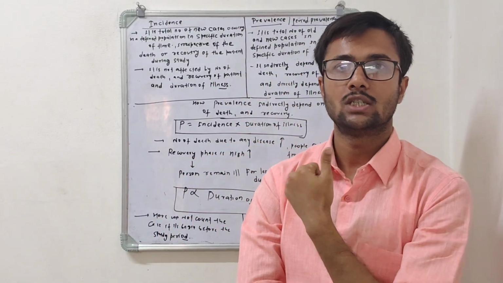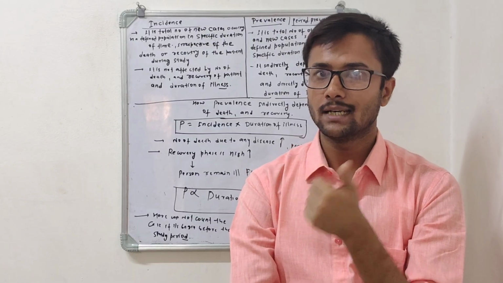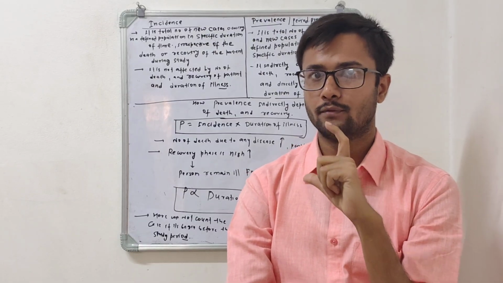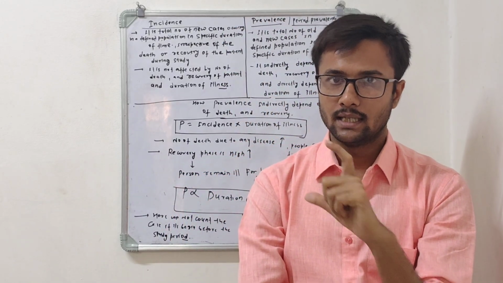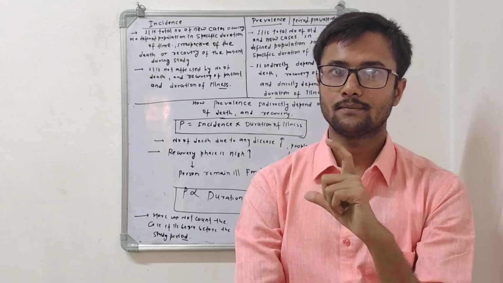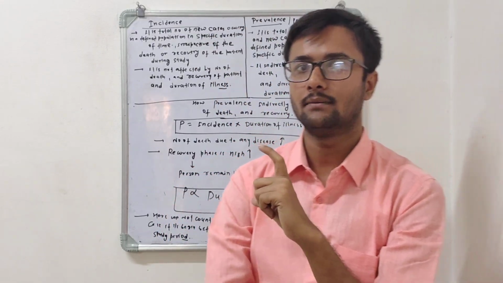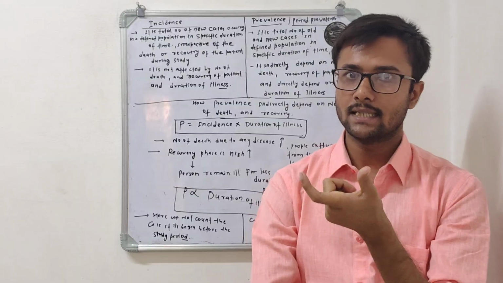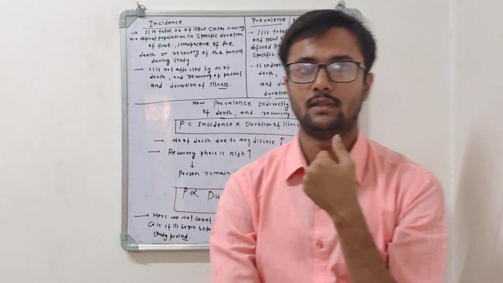So, what is the definition of incidence? Incidence means the total number of new cases, point to be focused, the total number of new cases in a defined population during a specific period of time, or during a specific duration of time.